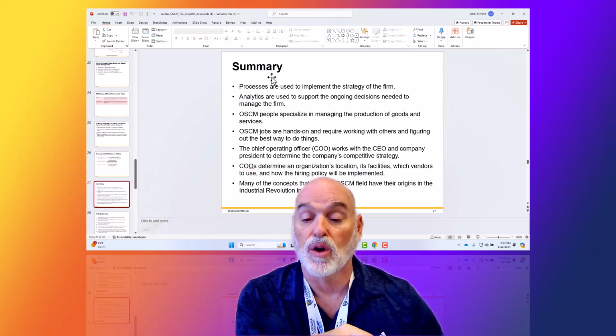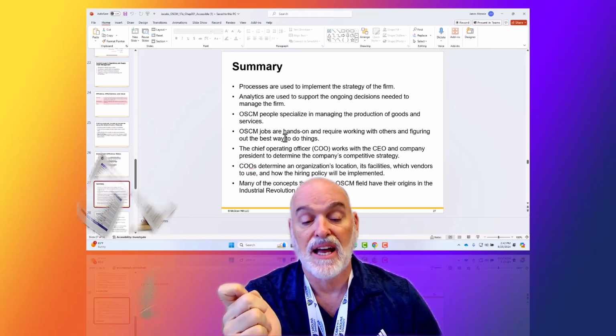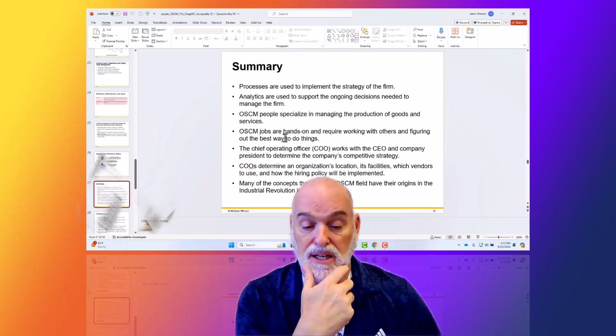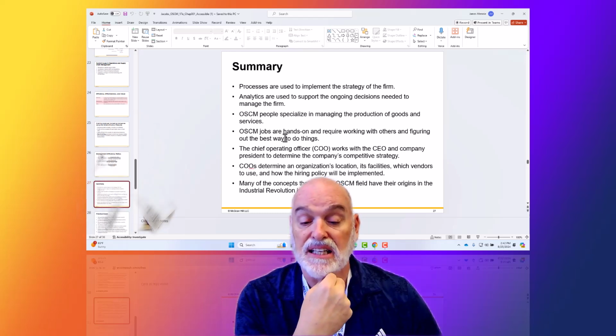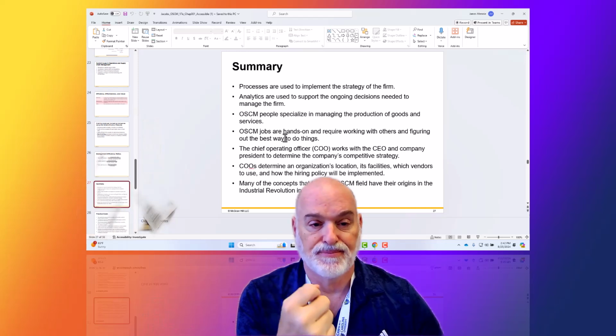The COO works with the CEO and company president to determine the company's competitive strategy, and COOs determine an organization's location, its facilities, which vendors to use, and how the hiring policy will be implemented. Many of the concepts that form OSCM fields have their origins in the Industrial Revolution in the 1800s.